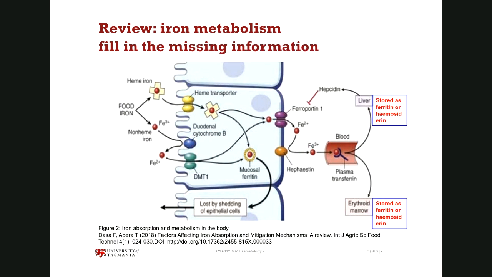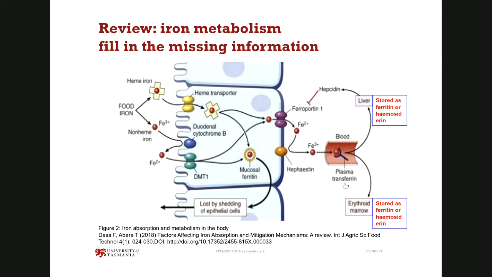So we have our divalent metal transporter 1 here, which transports ferrous iron into the mucosal endothelium. And then we have ferroportin, which transports the iron from the endothelial cell into the plasma, where it is oxidized to ferric iron and then is bound to plasma transferrin.